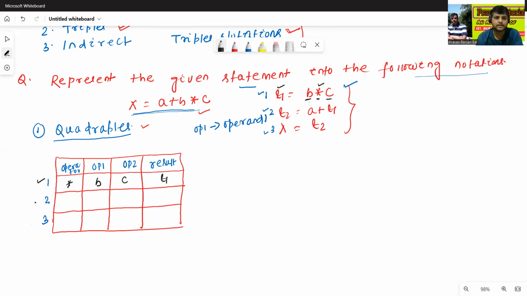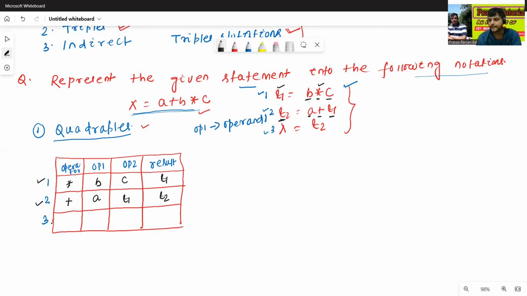Now we'll store the second statement. In the second statement, plus is the operator. Then A is operand 1. Then T1 is operand 2. Then the result is T2.